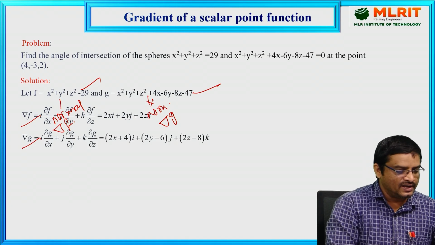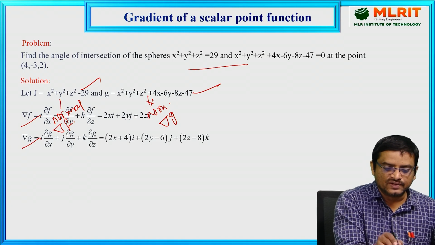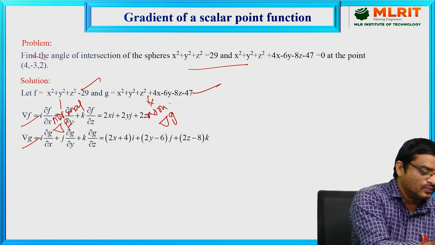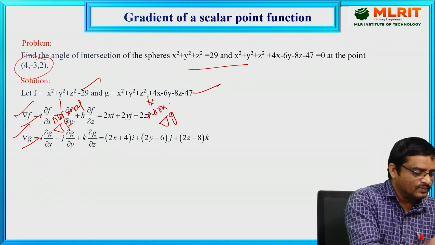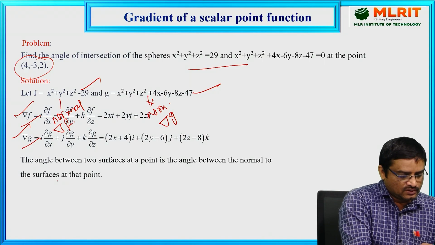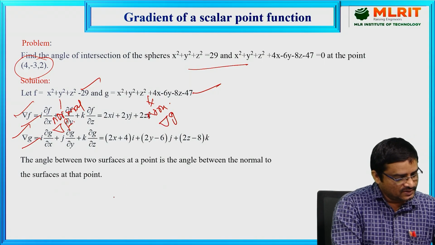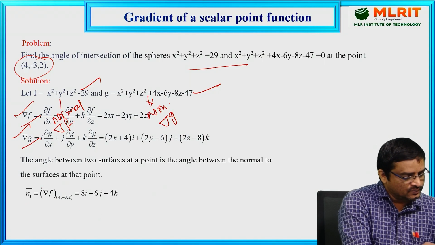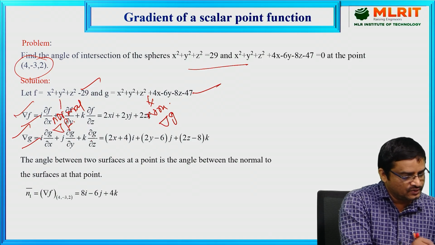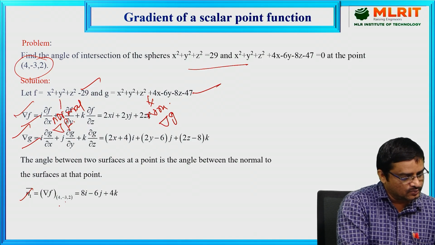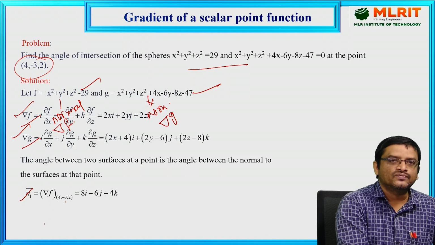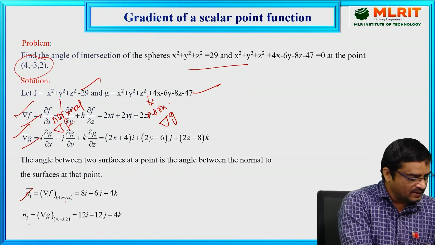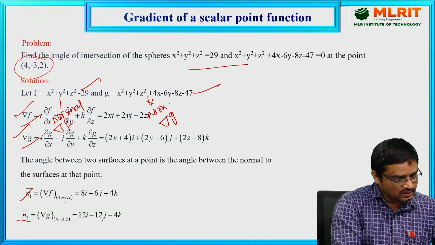Now after finding the normals for these two surfaces, we have to take the point into consideration. At that point we have to find the normals. So for the angle between the surfaces, whatever the first vector we get, you represent that vector at that particular point as n1 bar, and del z, whatever normal we get for the second surface, you represent as n2 bar at the point.